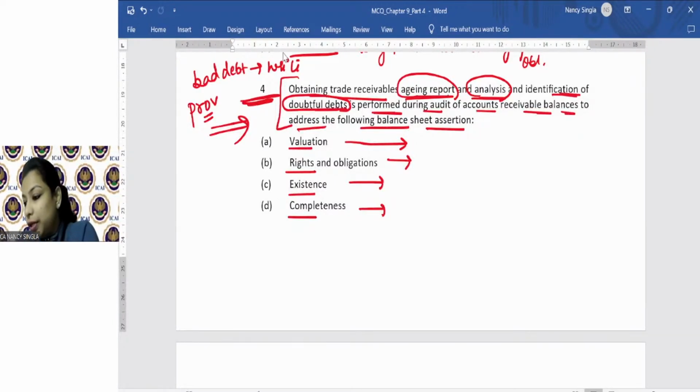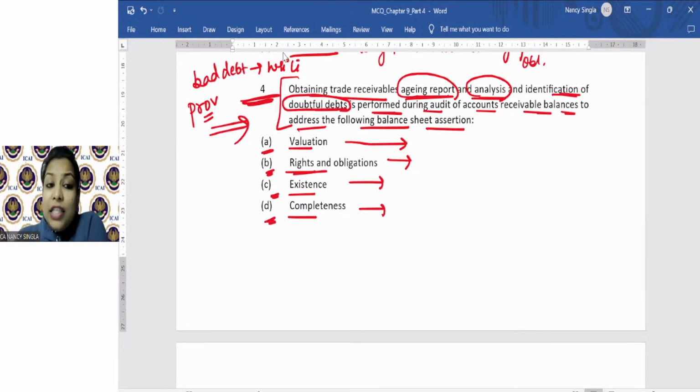Now why will you do all this? Tell me. Okay. So will it have an impact on valuation assertion, rights and obligations, existence, completeness?